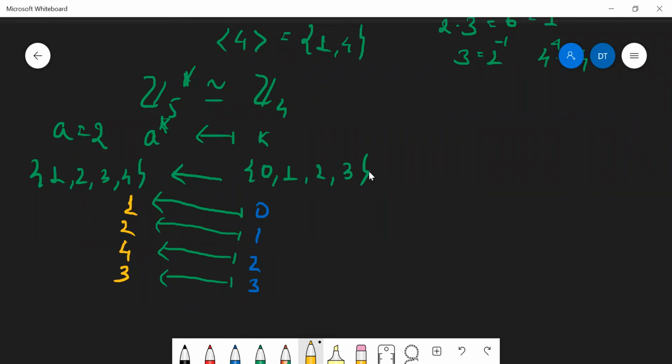The operation here is addition, and the operation here is multiplication. So if you add these two numbers, what will you get? You will get 3. It's obvious here on the right-hand side. But this means that if you multiply these two elements, you also get 3. And indeed, if you multiply 2 by 4, you will get 8, which is 3 modulo 5, and the result is 3.